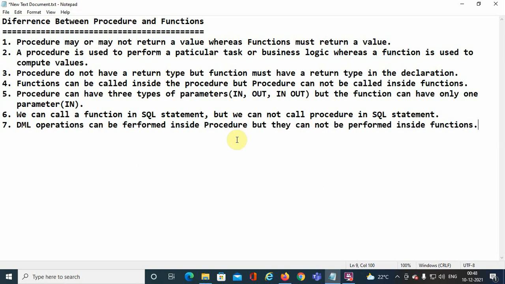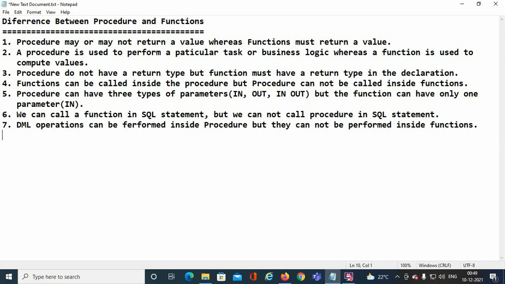If you say all these differences to the interviewer, you should get full marks for this question, or he must be satisfied with your answer. These are the main and very important differences between procedures and functions.